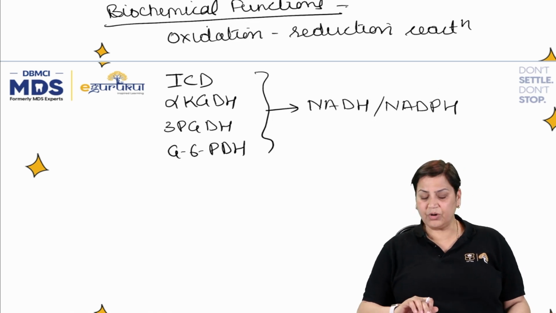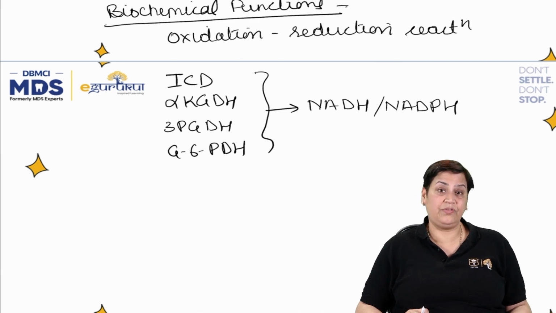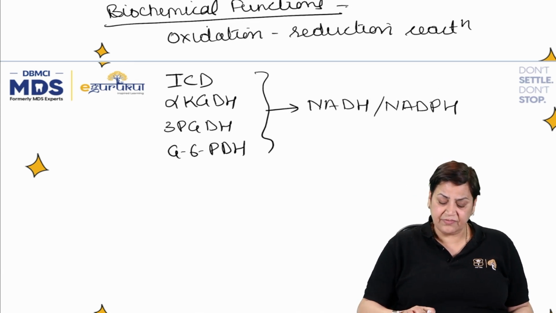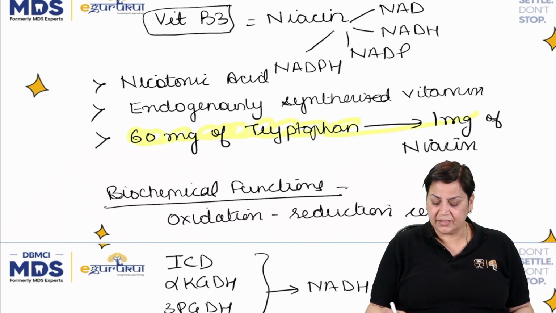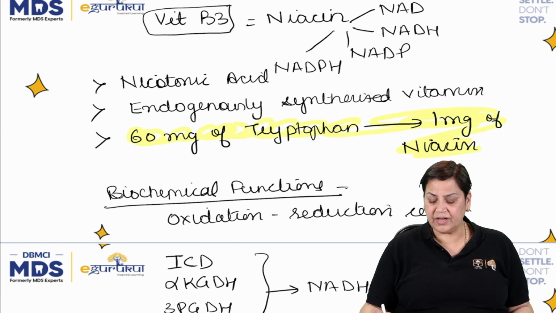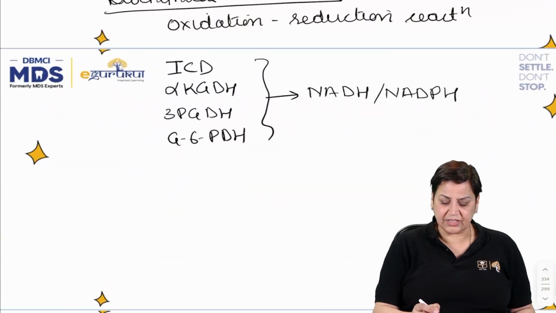And the most important thing is that it is synthesized from tryptophan. And this is a very important question, that 60 milligram of tryptophan is required to synthesize 1 milligram of niacin.